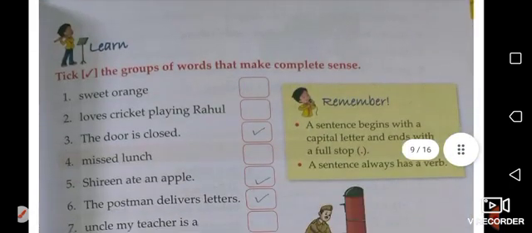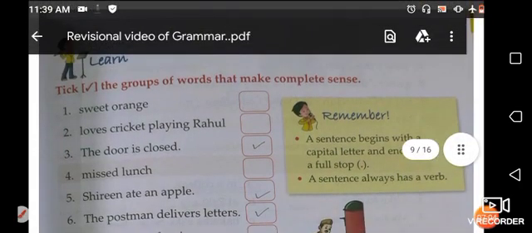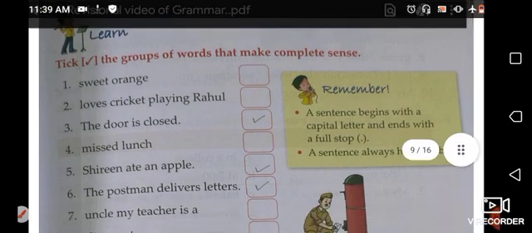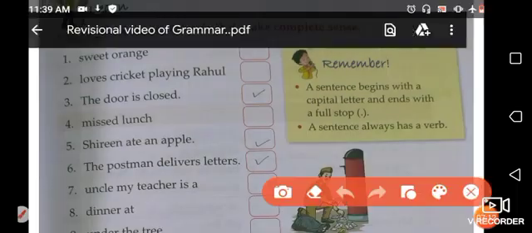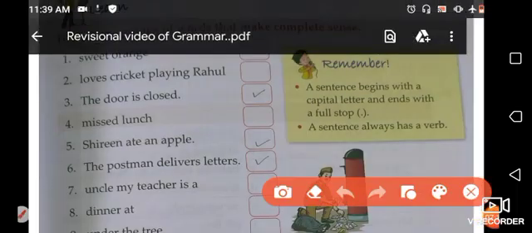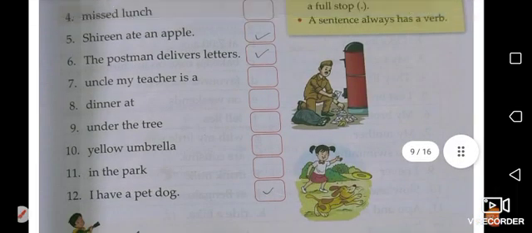Now we will move on to the exercises of this chapter. First exercise is: tick the group of words that make complete sense. Here you can see some groups of words are given, 1 to 12.